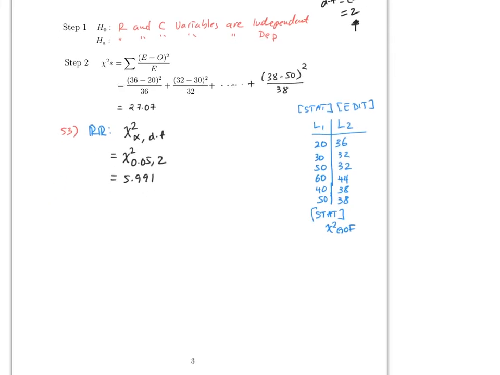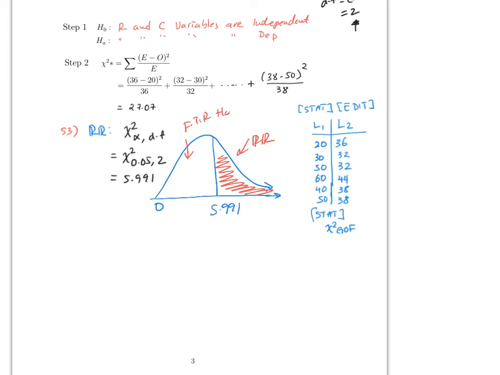Then draw the rejection region, where this one starts in 0. It keeps going forever. So now we have 5.991. So if it is here, it will be rejected. And if it is here, it will be failed to reject H0. All right, so what's the value for chi-square star?